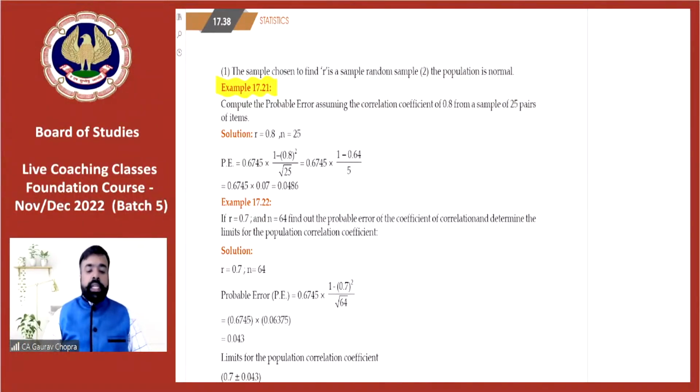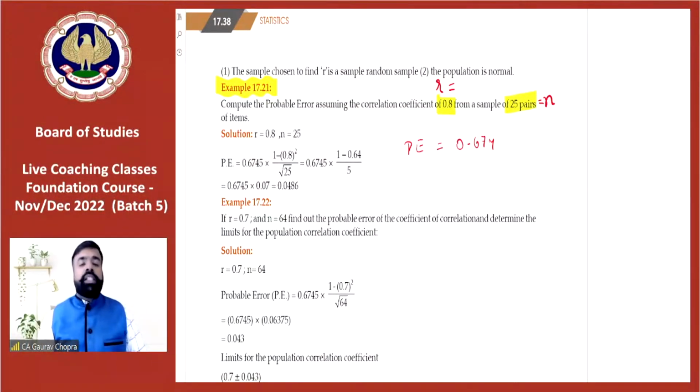So 21 is asking the correlation coefficient is 0.8 and there are 25 pairs. So n is equal to 25, R is equal to 0.8, and here we have to find the probable error. The same thing applies here, 0.6745.